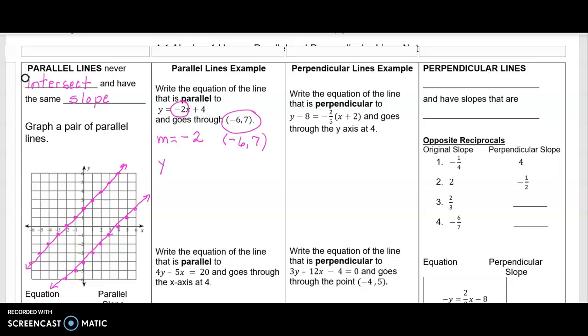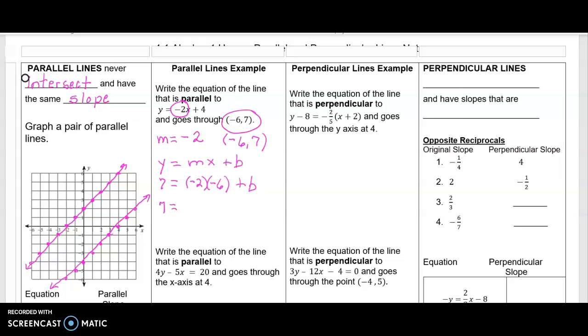So I'm going to use y equals mx plus b to find my y-intercept. So I'm going to plug in 7 where y is. I'm going to plug in -2 for my slope. I'm going to plug in -6 for my x value. And I'm solving for b.